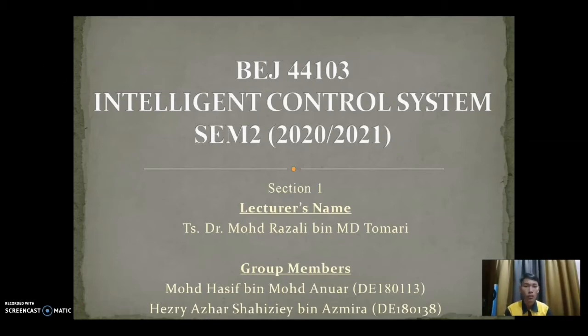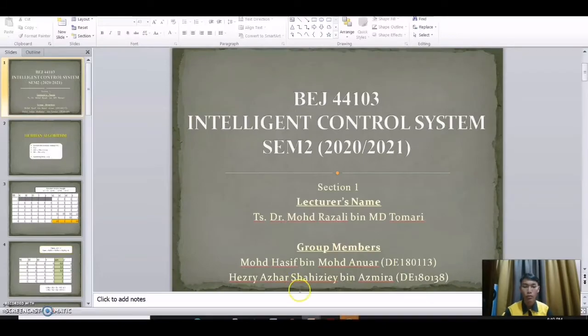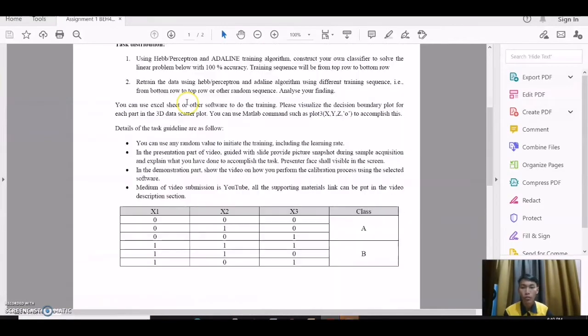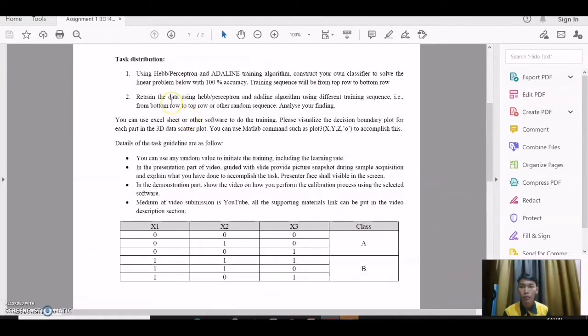For assignment 1, the given task is to use the Hebbian or perceptron and Adeline training algorithm to construct a classifier to solve the linear problem below.